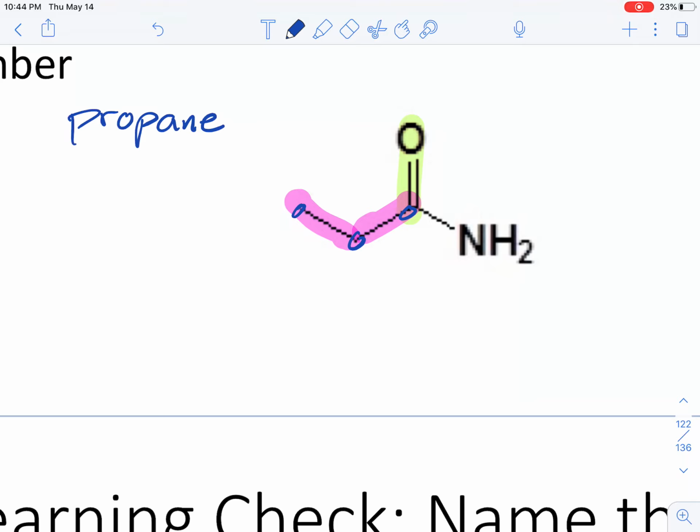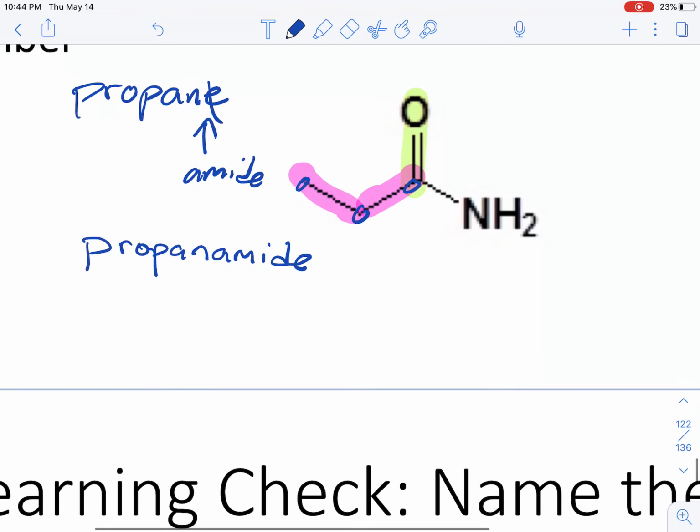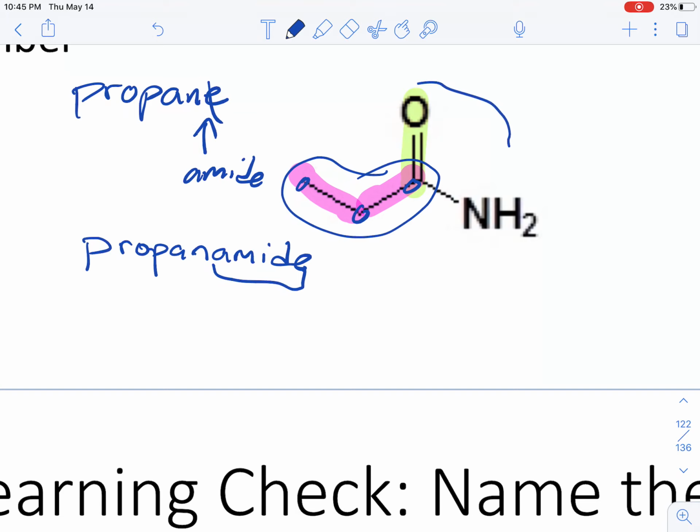And so you're going to go ahead and drop the E, and you're going to add amide. And so instead of propane, it's going to be propanamide. And so since there are no other substituents found on this carbon chain, that's pretty much it. The moment you say amide, you've already described this.